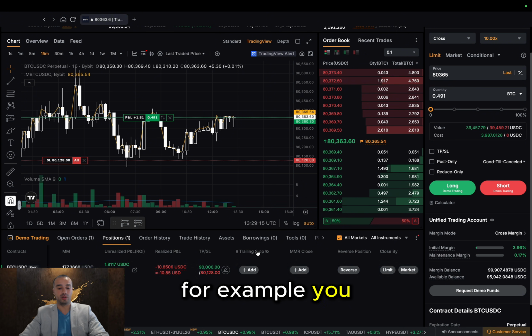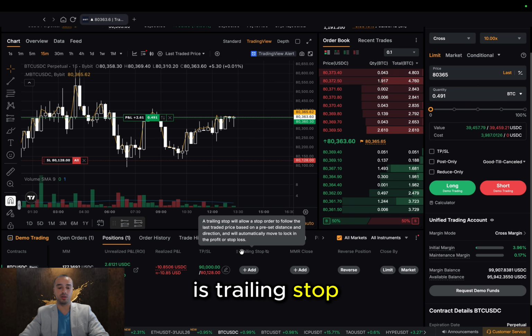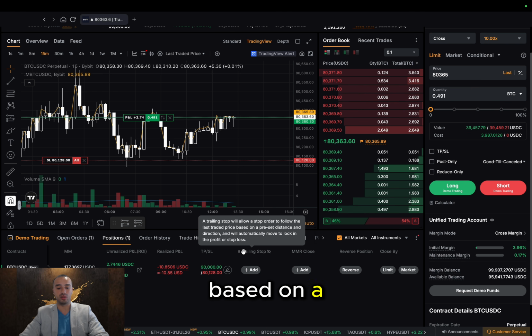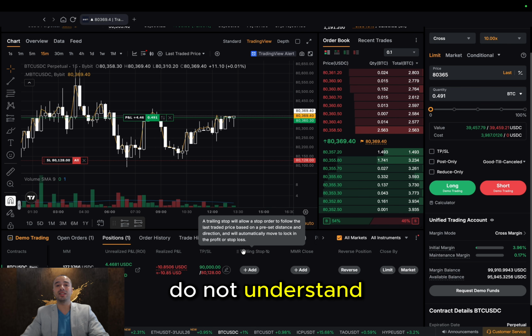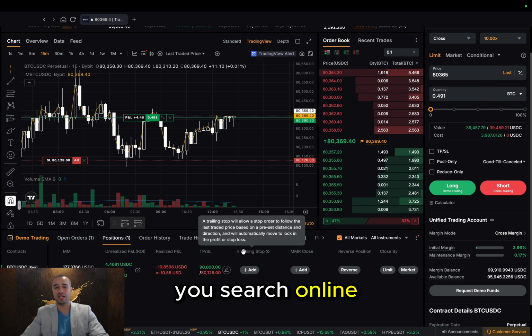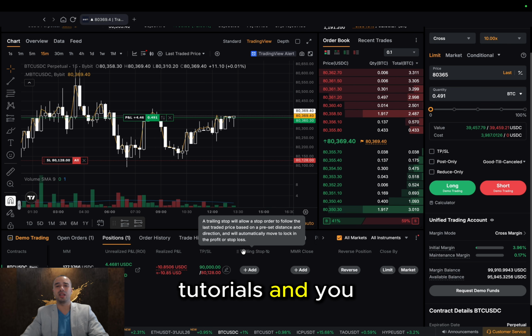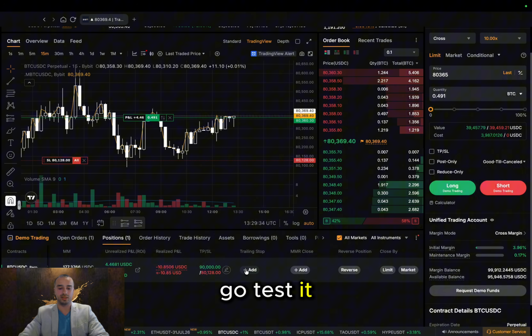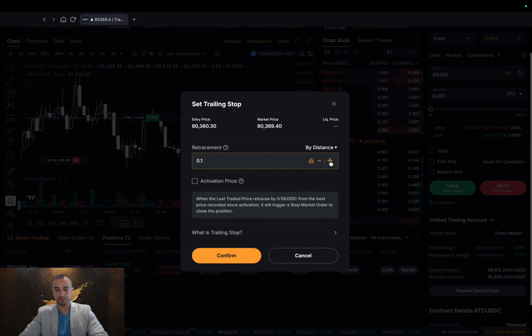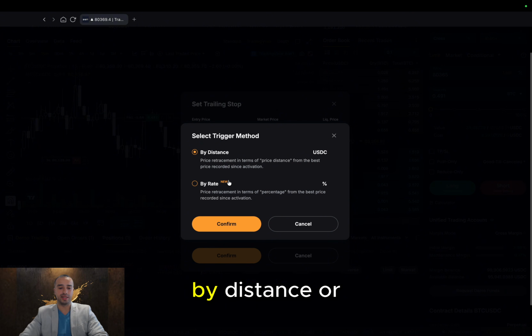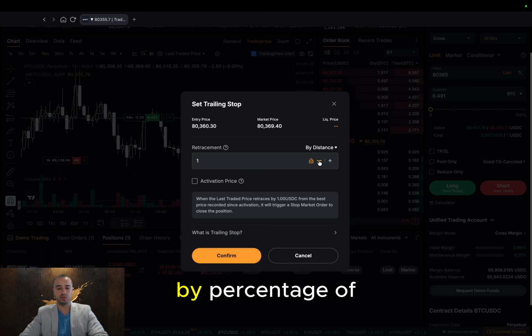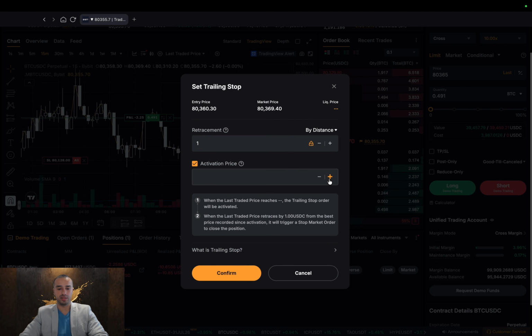For example, you are wondering, what is trailing stop? A trailing stop will allow a stop order to follow the last traded price based on a preset distance and direction. Let's say you do not understand what that means. You search online, you watch multiple tutorials, and you don't know what it means. Go test it. Click Add. You can choose by distance or by percentage of $1, activation price.